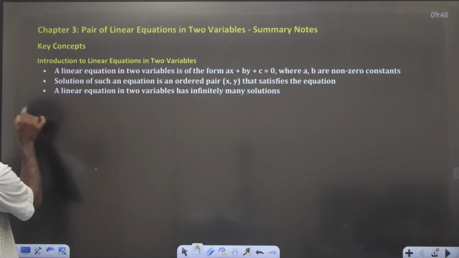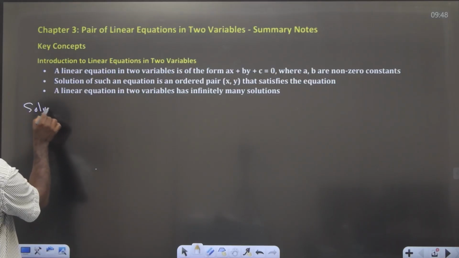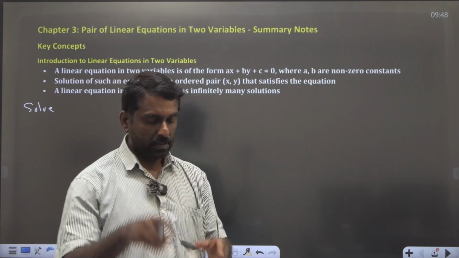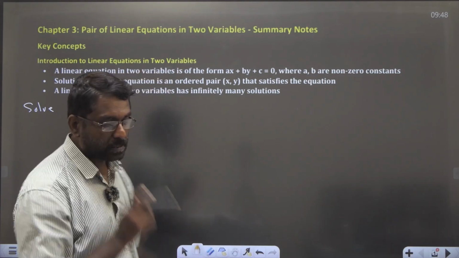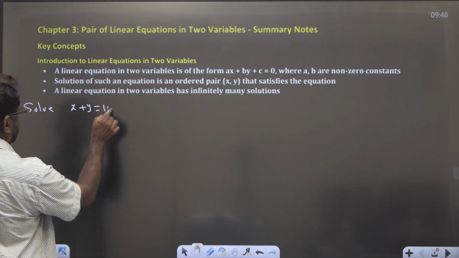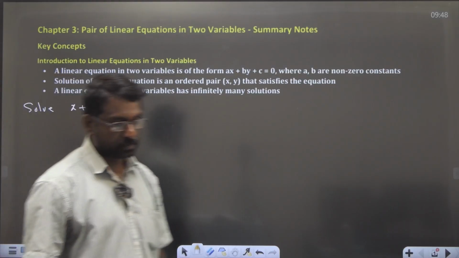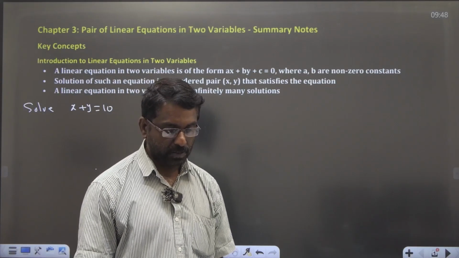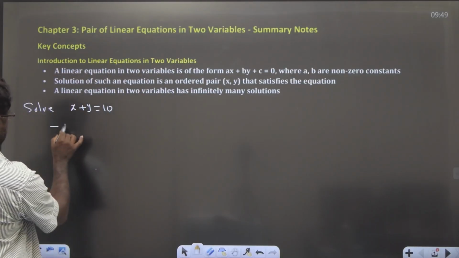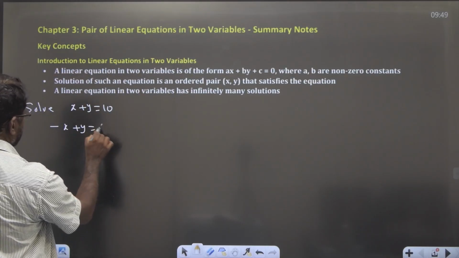Suppose our question is to solve, what was our first question? Solve x plus y equal to 10 and minus x plus y equal to 4.